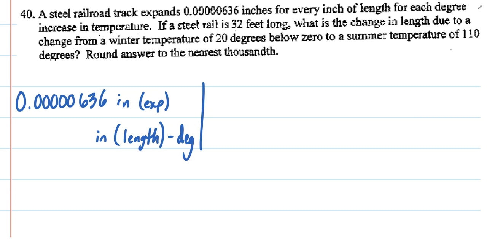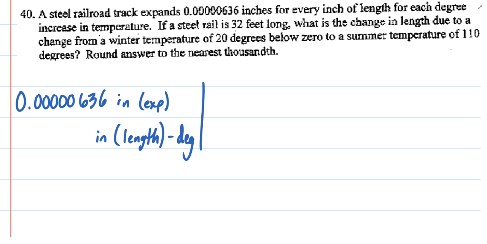And admittedly, this is starting to get a bit complicated, but let's try to just keep this in mind. The railroad track expands this much for every inch in length that the track is, and for every degree that the temperature changes. So that's the expansion. This is the unit that we're beginning with.